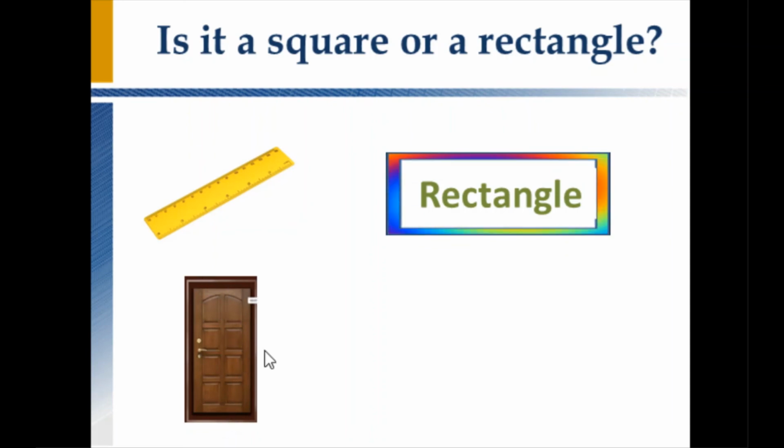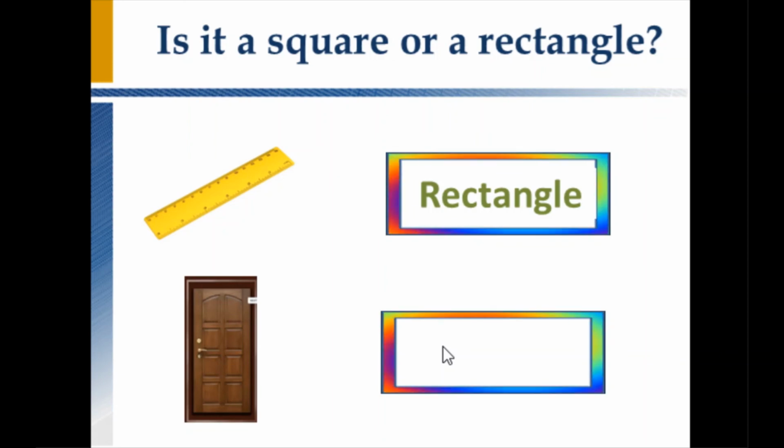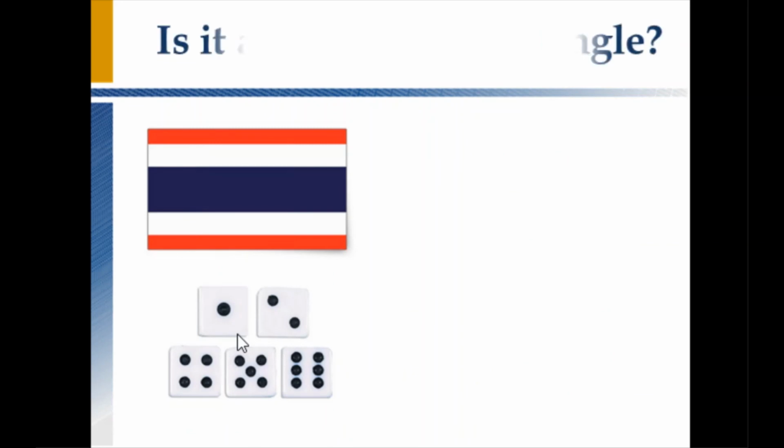Therefore, it is a rectangle. Very good. The door is a rectangle. The ruler is a rectangle. And the door is a rectangle. Very good. Let's have the last one.